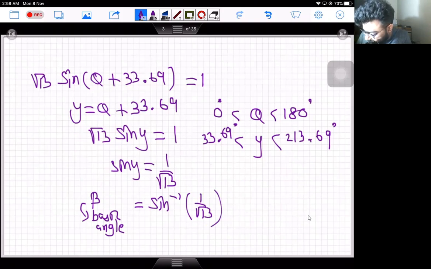Let's see how much this is. Sine inverse 1 over root 13 is 16.10, correct to 2 decimal places. Always write the basic angle correct to 2 decimal places. So this basic angle beta is 16.10 degrees.